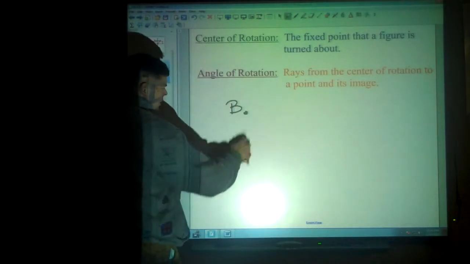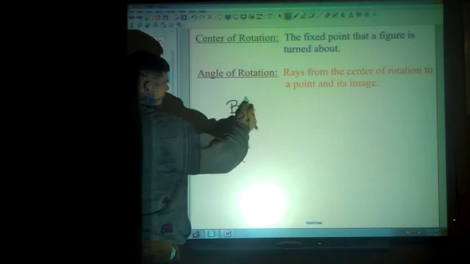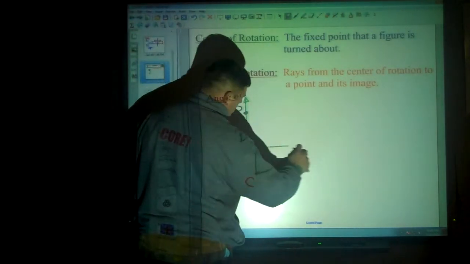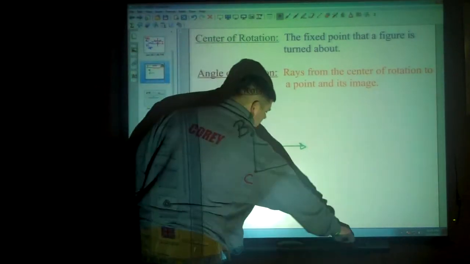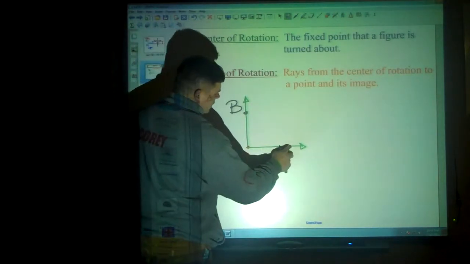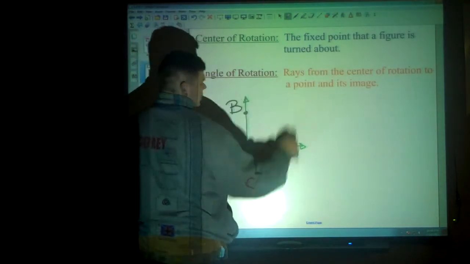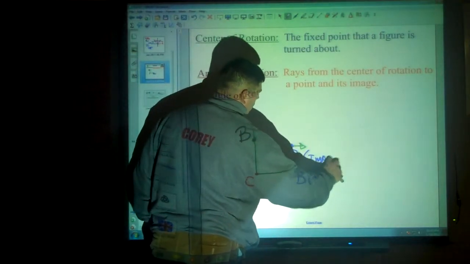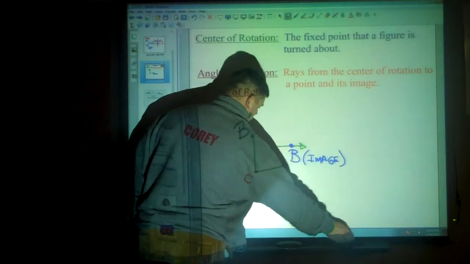From here to here is a ray, and then maybe we have its new rotation out here. We would say that this is the image after the transformation has taken place.